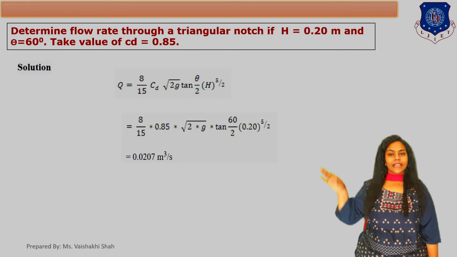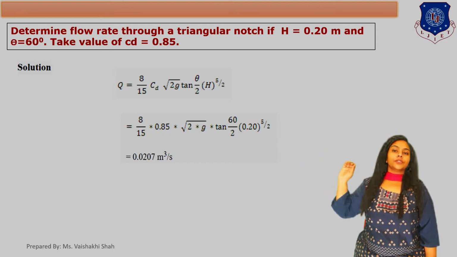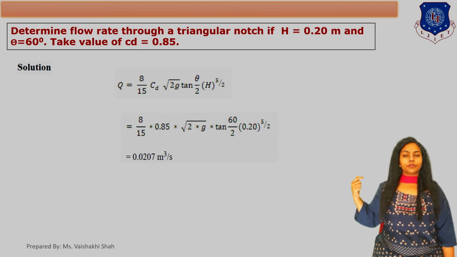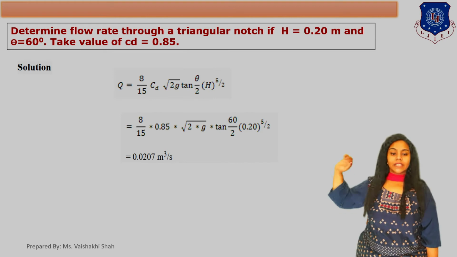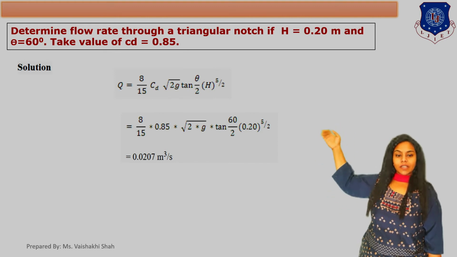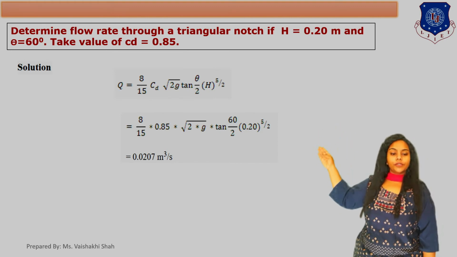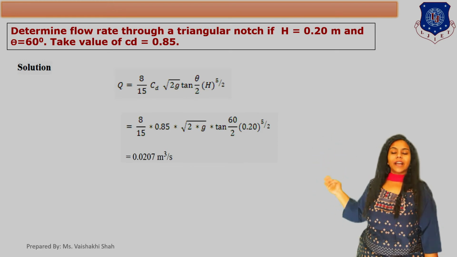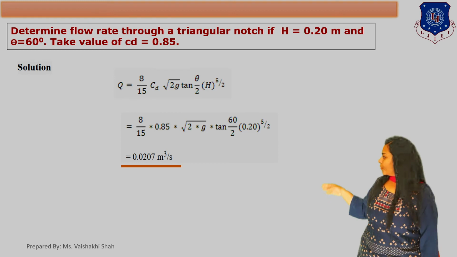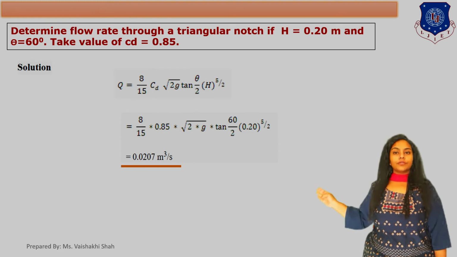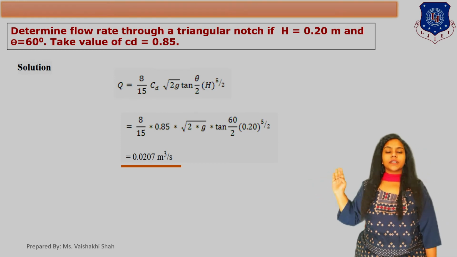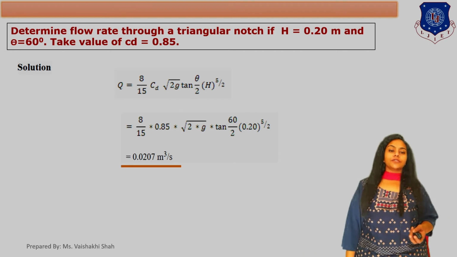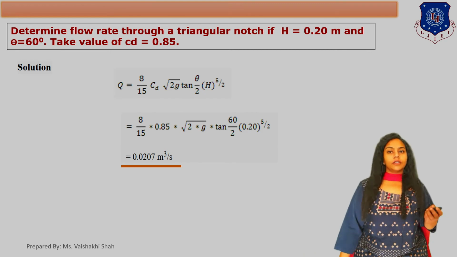Here CD is 0.85, g is 9.81, theta is 60, and H is 0.2. Placing all the values in the equation, you get the final discharge of 0.0207 meter cube per second. This is the discharge through a triangular notch.